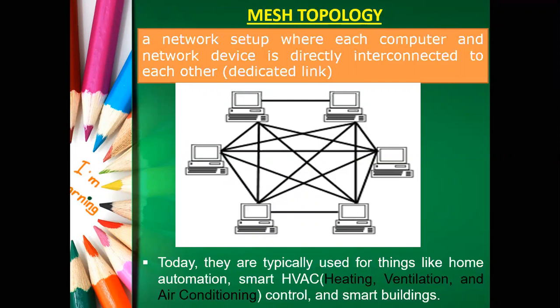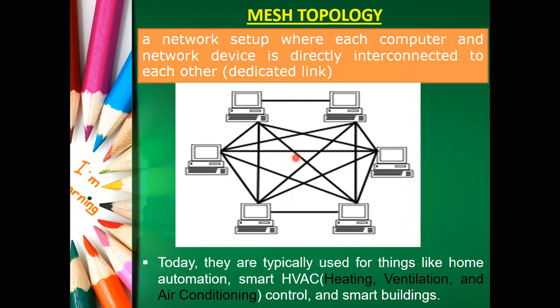Such type of topology is called mesh topology, and usually computers are connected to each other through a dedicated link, as compared to what we observed in bus topology and even in ring topology.